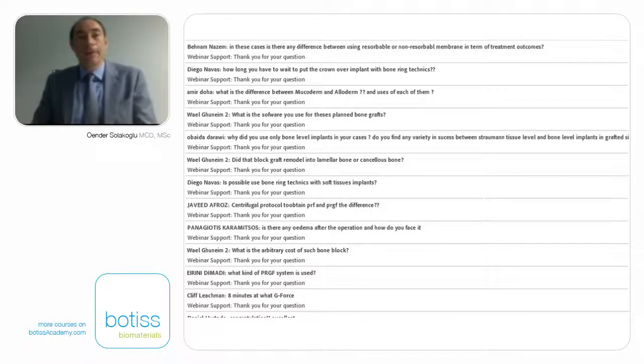There is basically not a specific software that I use for planning this bone graft, because this block graft is planned by the company botiss. So what you basically as a user need to do is to provide them with DICOM data, and you can upload the DICOM data on the website.